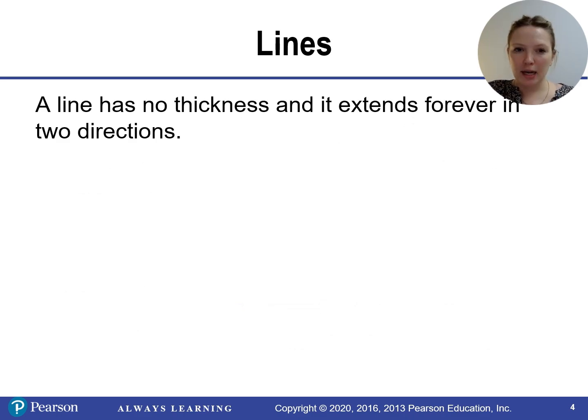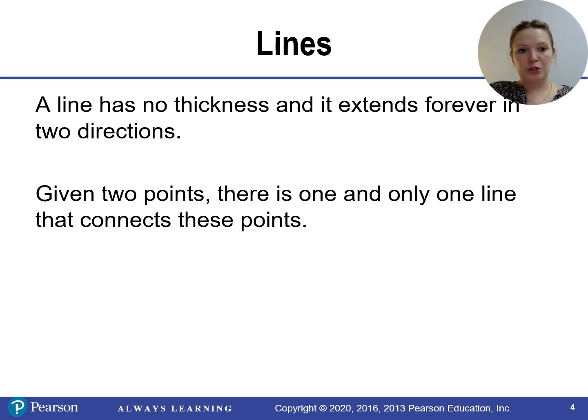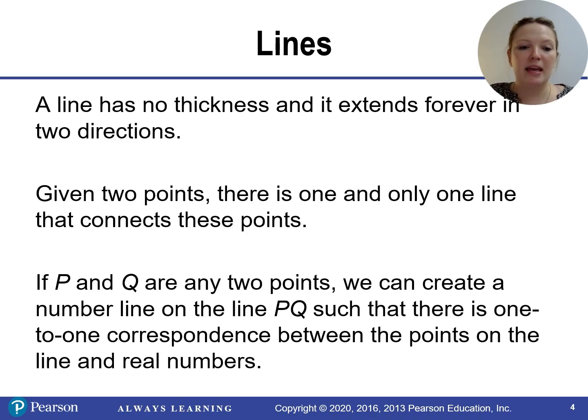So a line has no thickness and it extends forever in two directions. If you are given 2 points, then there is one and only one line that will connect those points. And if P and Q are any 2 points, then we can create a number line on line PQ so that there's a one-to-one correspondence between the points on the line and the real numbers.